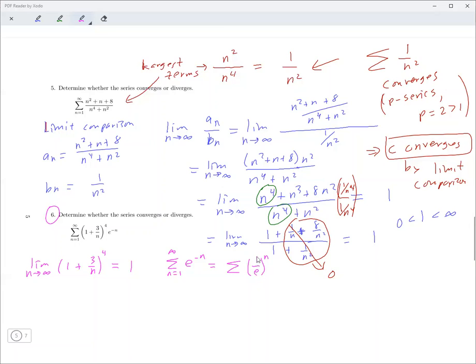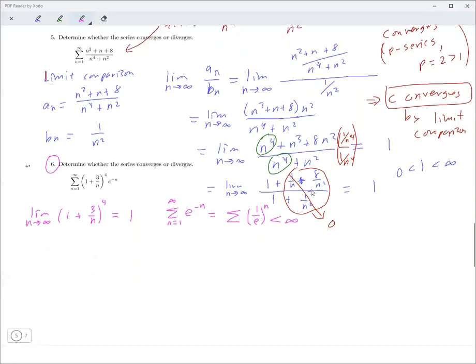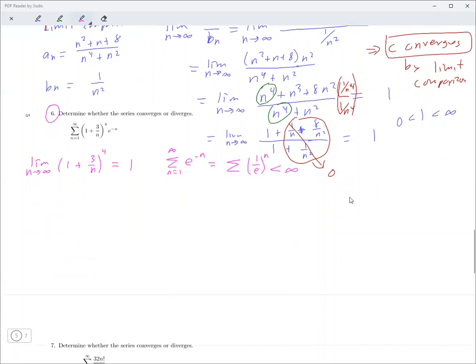So 1 over e will be less than 1, and that's going to converge. So this part right here just goes to 1, and this one by itself would converge.